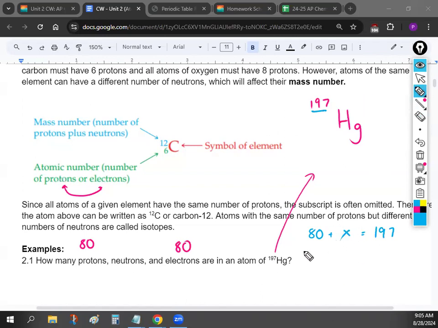You find x by subtracting 80 on both sides. That gives you neutrons equal to 117. So the number of neutrons is 117. And that's it. Any questions? Hopefully not too bad.